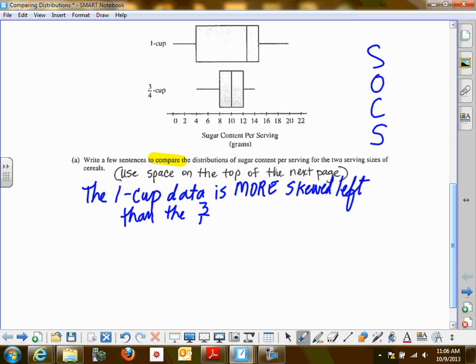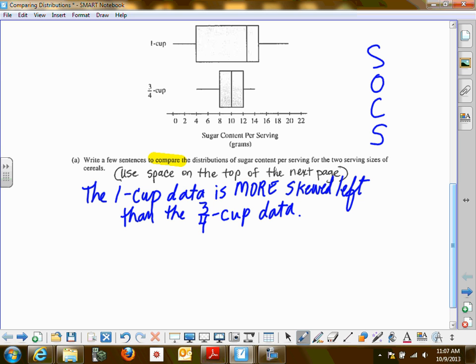If you just say more, then I'm like, more than what? More than your shoe? I mean, I don't know. The 1 cup data is more skewed left than the 3/4 cup data. And I could probably leave it at that.